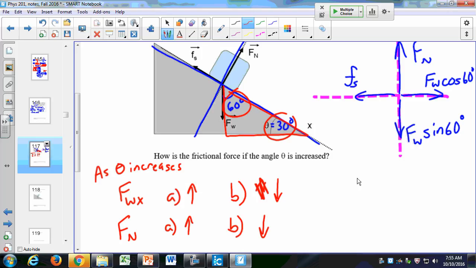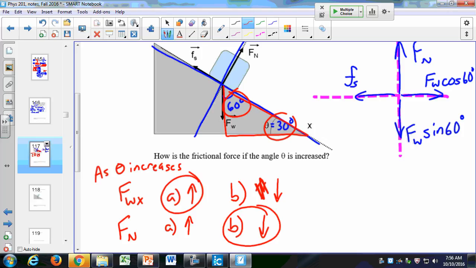But you might be a little misled, because that seems like the weight would all be in the vertical direction. But remember that we've chosen our x direction to be along the plane of the incline. And so as that plane of the incline goes up, then Fwx will increase and our normal force will decrease.